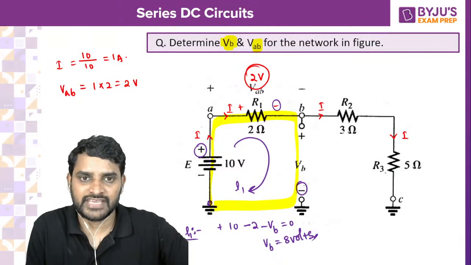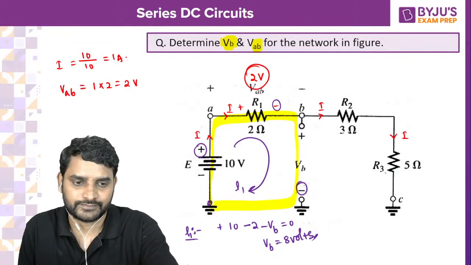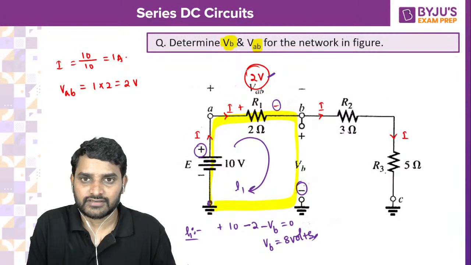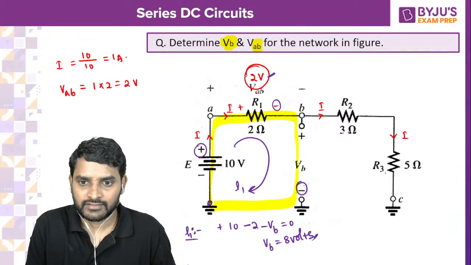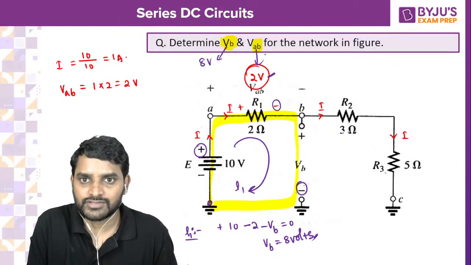VB is 8 volts. VAB is just 2 volts. Okay, VB is 8 volts and VAB is 2 volts.